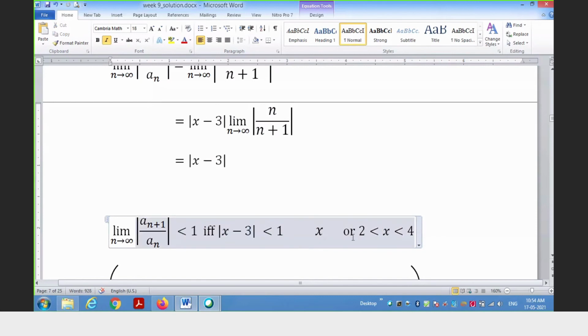Copy, put here, paste. That means x minus 3 must be greater than minus 1 and less than 1.